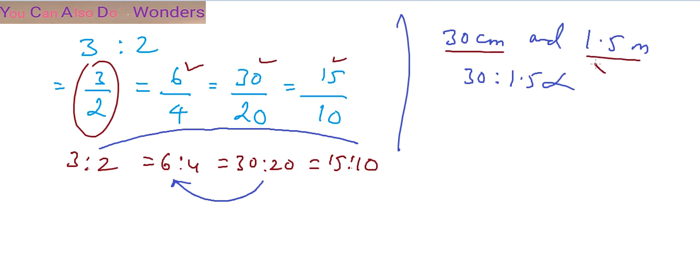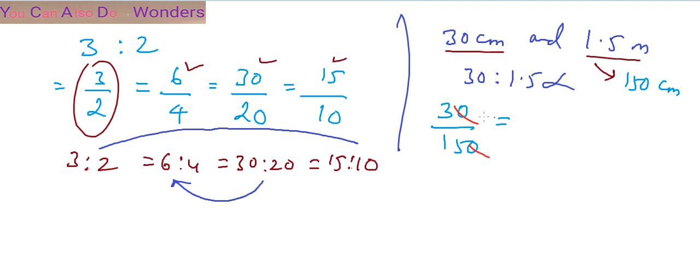Okay, if we convert this to centimeters, what do you get? We need to multiply by 100, so it becomes 150 centimeter. So how to express this as a ratio? See, 30 is to 150 or 30 by 150. Let's simplify this.